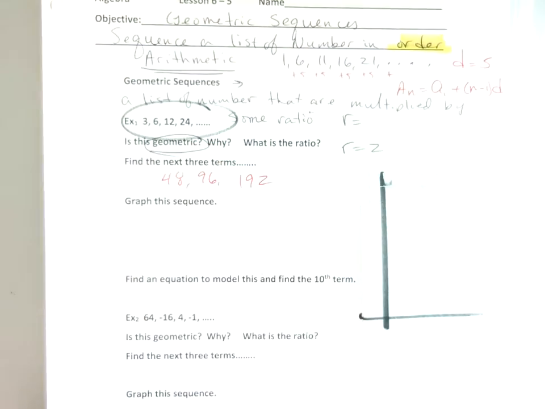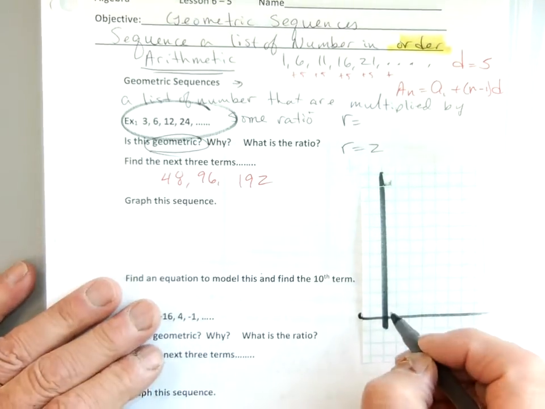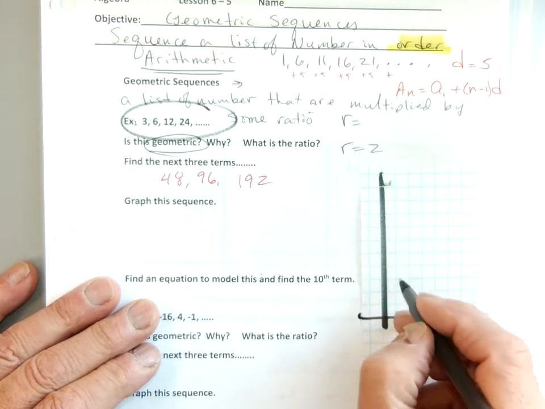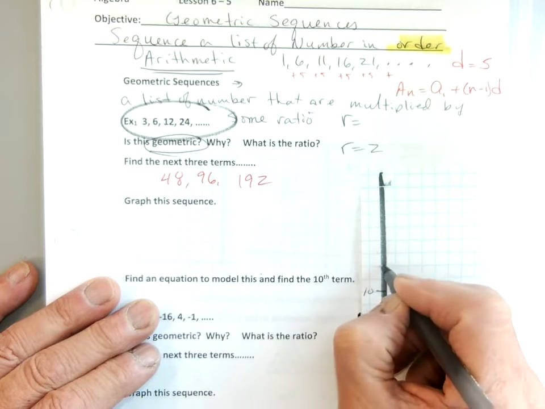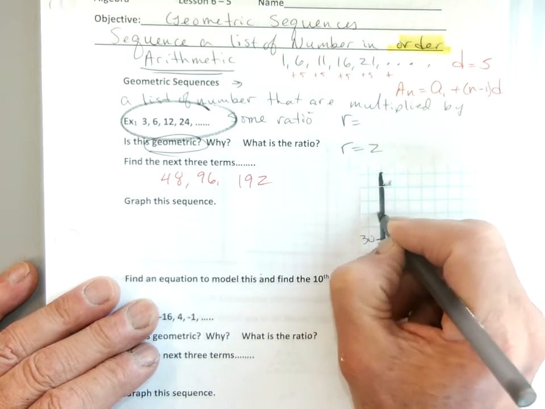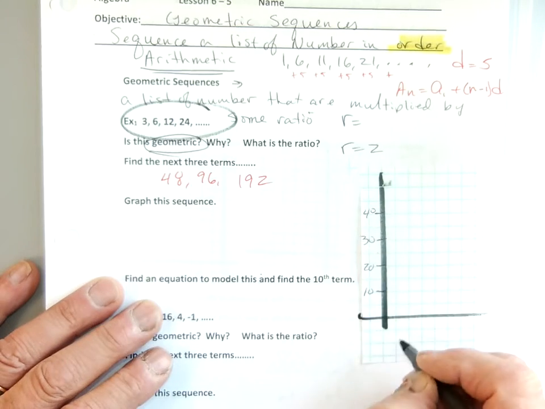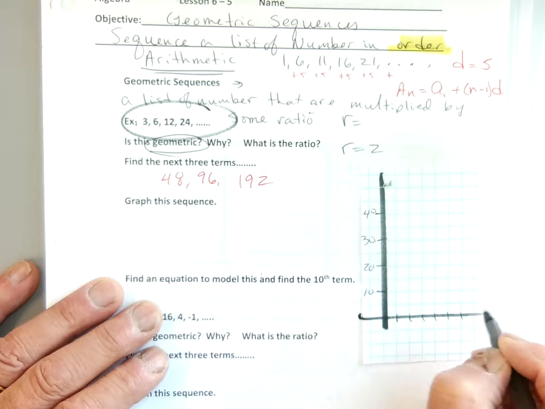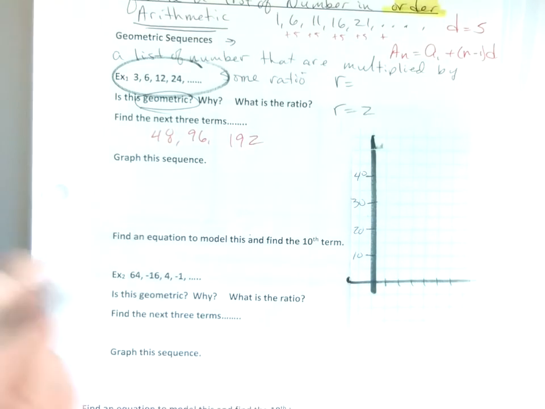I'm just going to go to 24. So to get up to 24, I'll probably go 2, 4, 6, 8, 10. Maybe we'll go 10, 20, 30, 40. Okay. You got that?